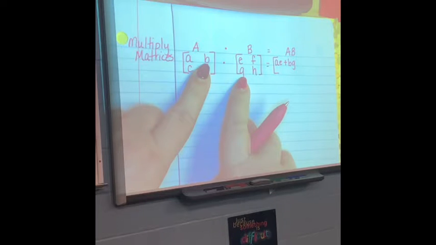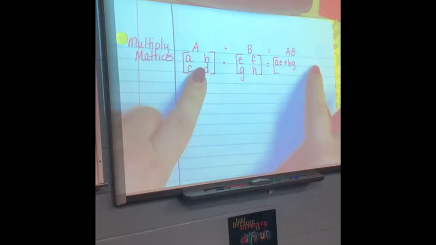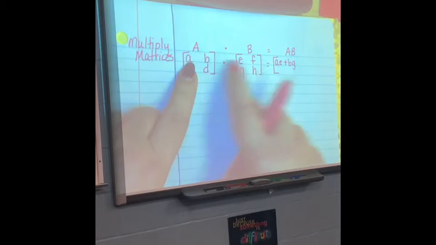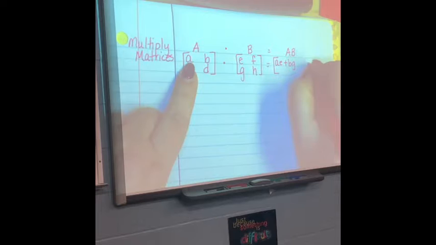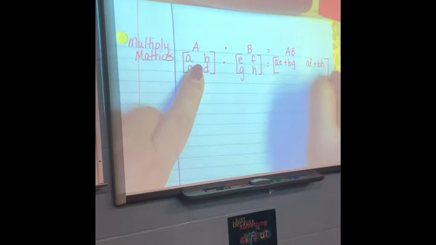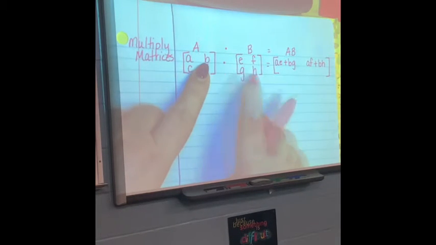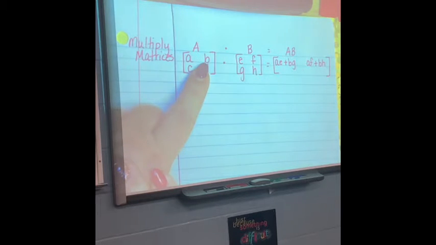Row 1 and column 1. The second position here is going to be row 1, column 2. AF plus BH. A times F plus B times H. With me so far?